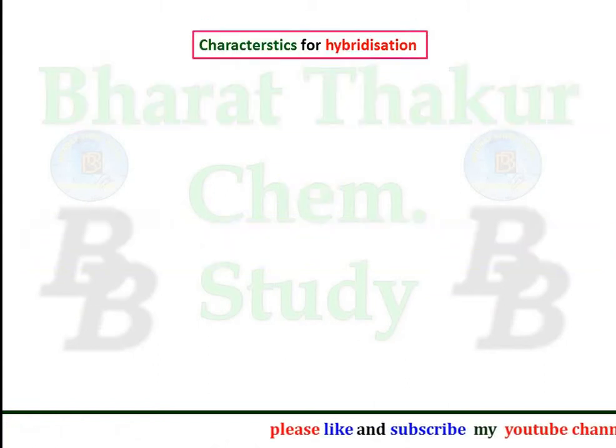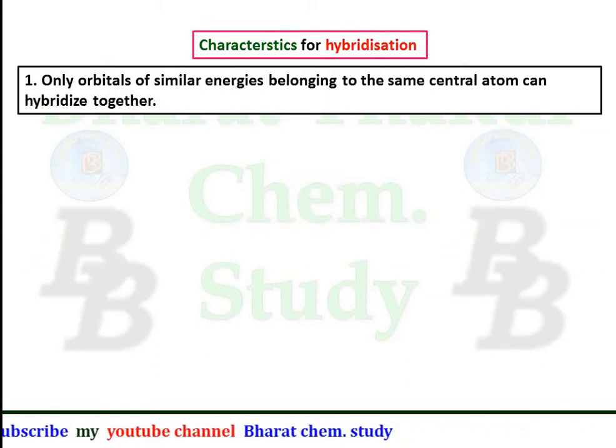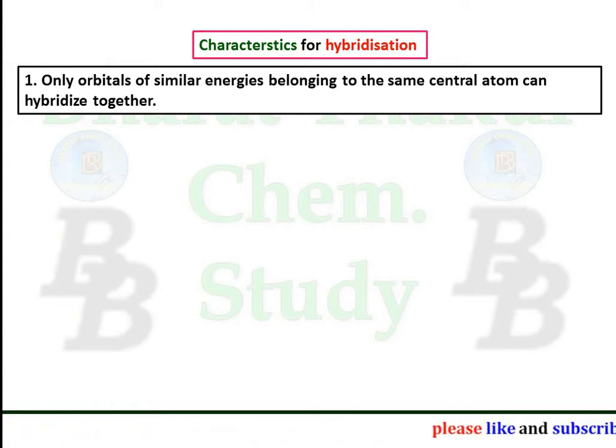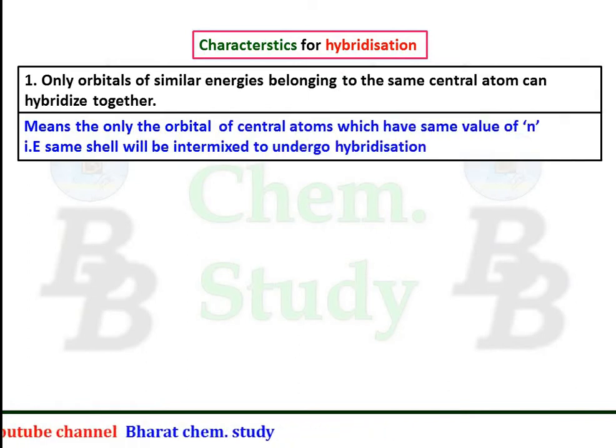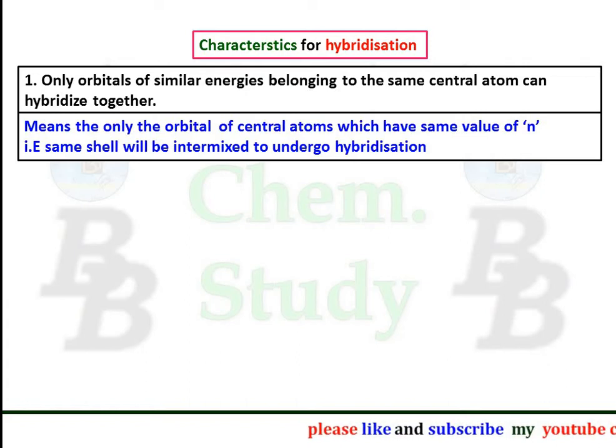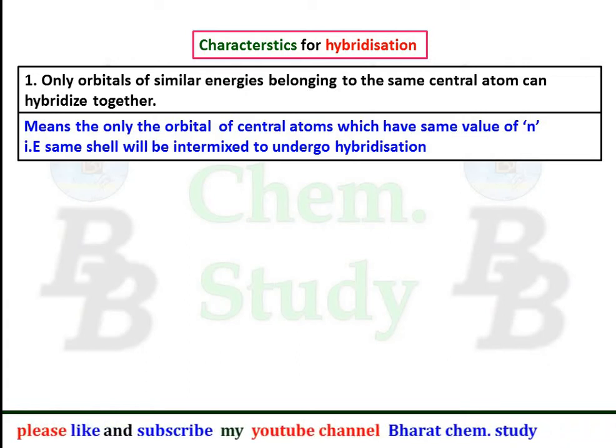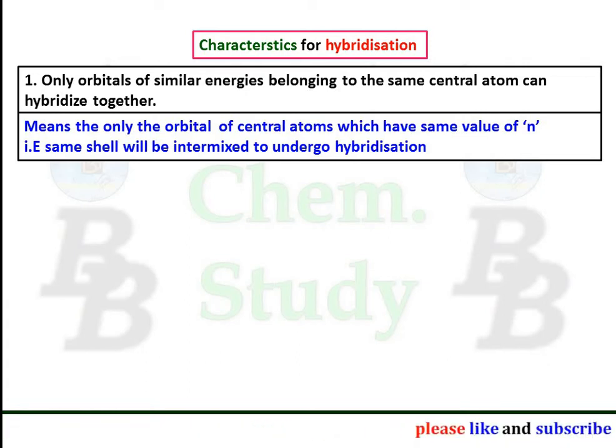Now, characteristics of hybridization. First, only orbitals of similar energies belonging to the same central atom can hybridize together. Means only the orbitals of central atom which have same value of n, that is they belong to same shell, will be intermixed to undergo hybridization.